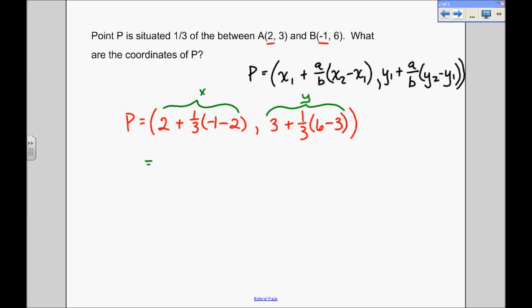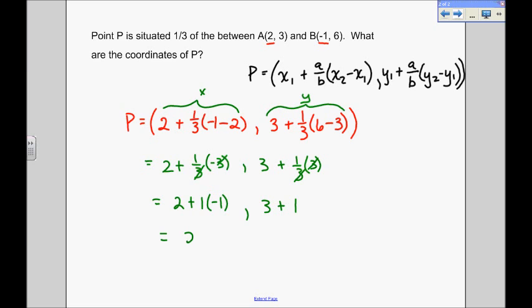So as I continue, I follow BEDMAS, or the order of operations. I get negative 3 here. On this side, I get 3 plus 1/3, and this is 3. Reduce the fractions, so I get 2 plus negative 3 divided by 3 is negative 1. 3 plus, again, these reduce, so I'm left with 1.